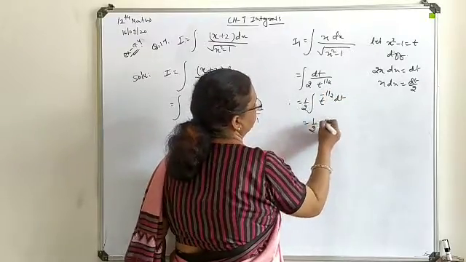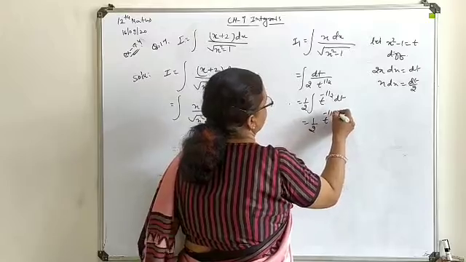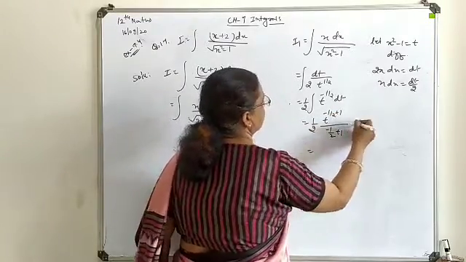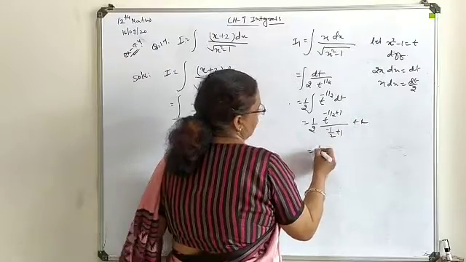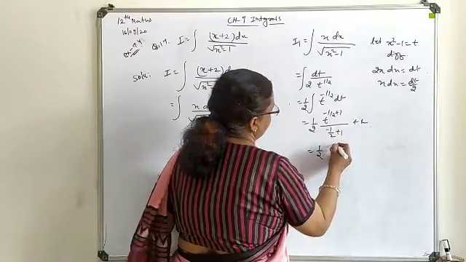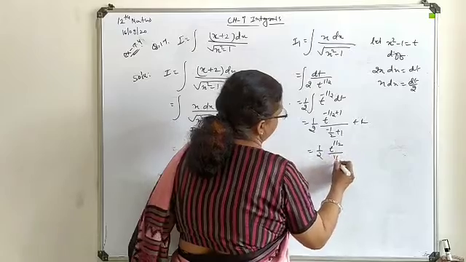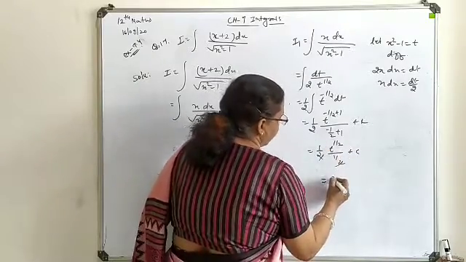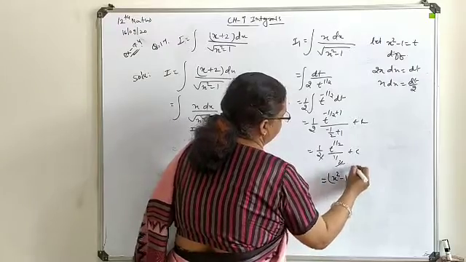So this will be half, t power minus half plus 1 upon minus half plus 1. This is 1 upon 2, t power plus half, and this is 1 by 2. This 2 will cancel. This t means x square minus 1 with power half.